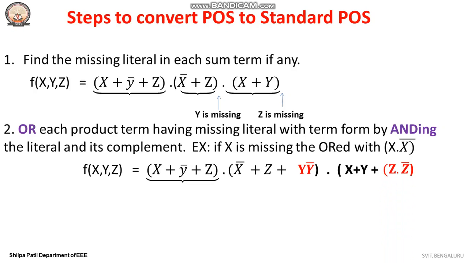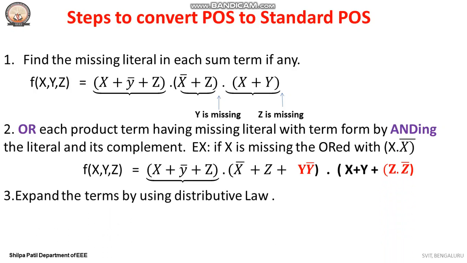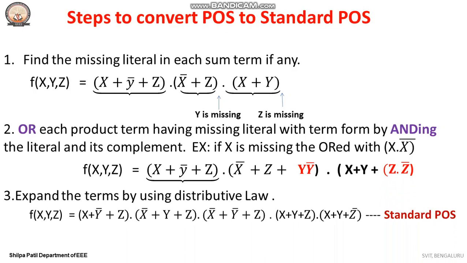Again, we will simplify this expression using the distributive law. So I will get the expression x plus y bar plus z, x bar plus y plus z, x bar plus y bar plus z, then x plus y plus z, then x plus y plus z bar. Just observe the expression here: all the sum terms have all the variables, so it is a standard POS.